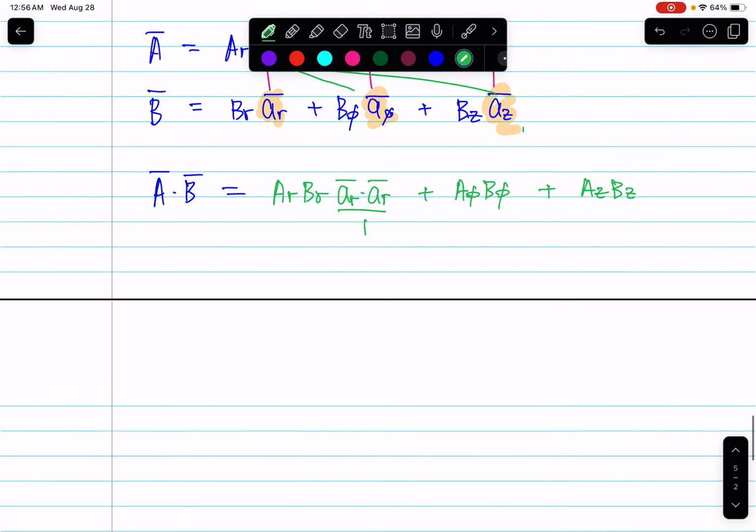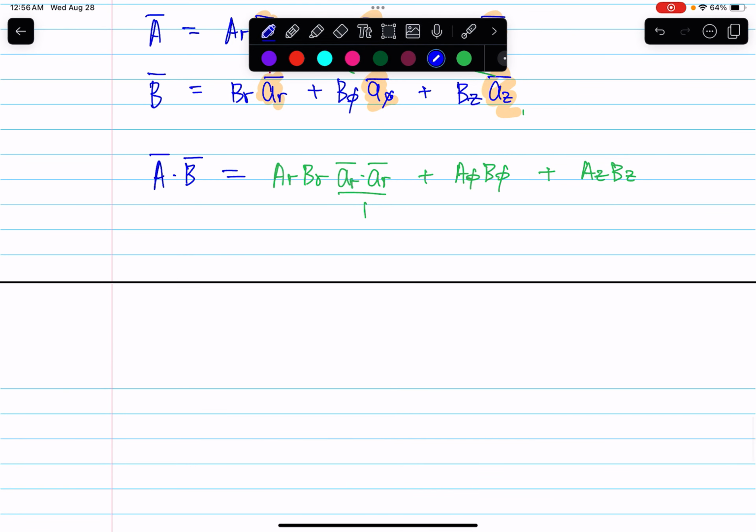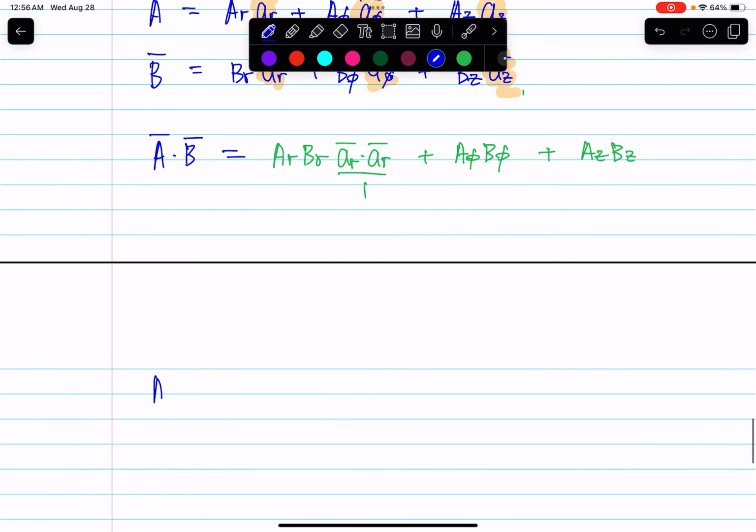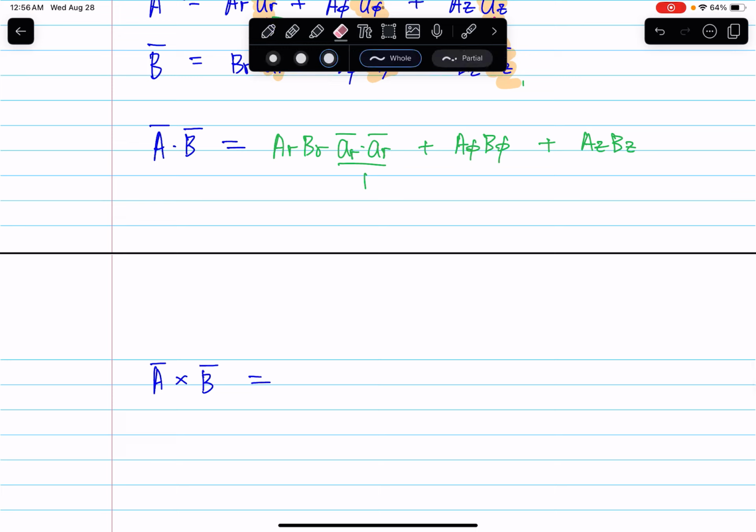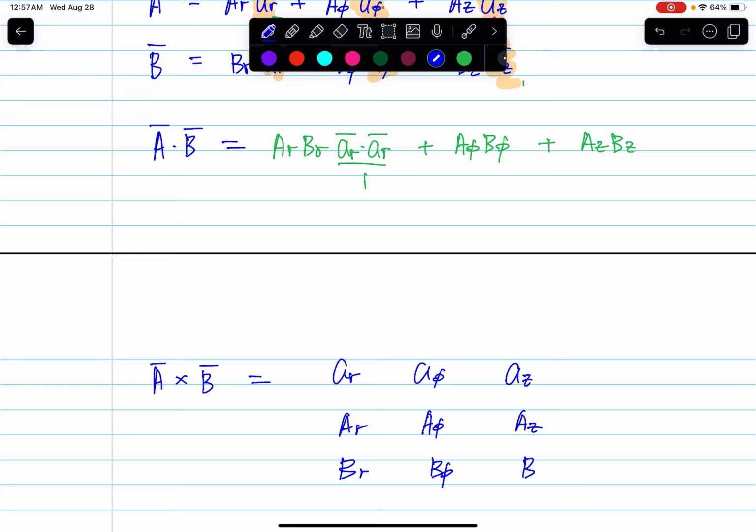Okay, so that would be the result of the dot product. For a cross product, same thing. If you know your base vectors, and if you need to do a cross product, again, I will put AR, A pi, and AZ, and put the AR, A pi, and AZ, and BR, B pi, and BZ.